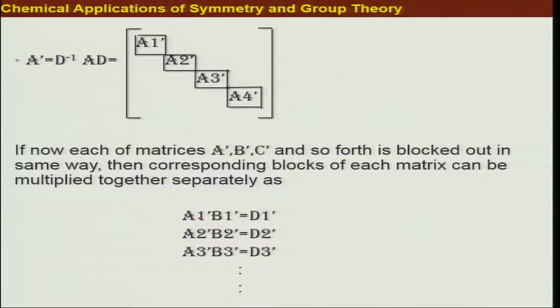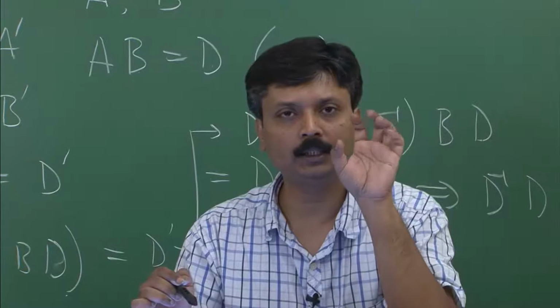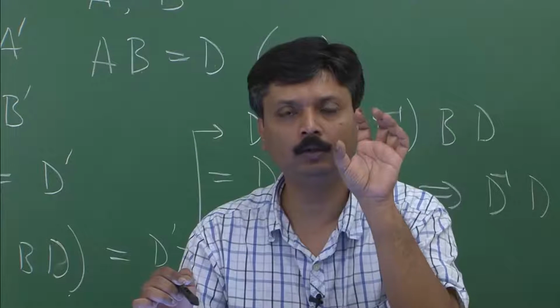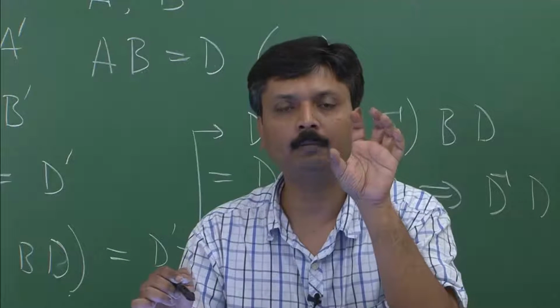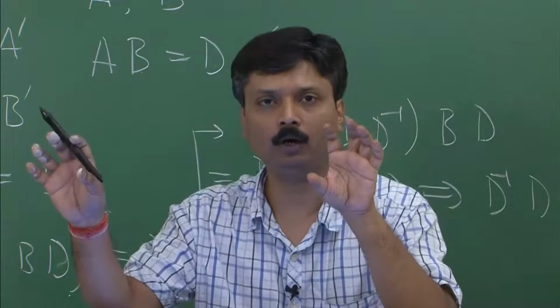How? Because we have just seen that for matrices which are block factored in the same way, we have to just consider each individual block and then multiply it with the corresponding block in another matrix.